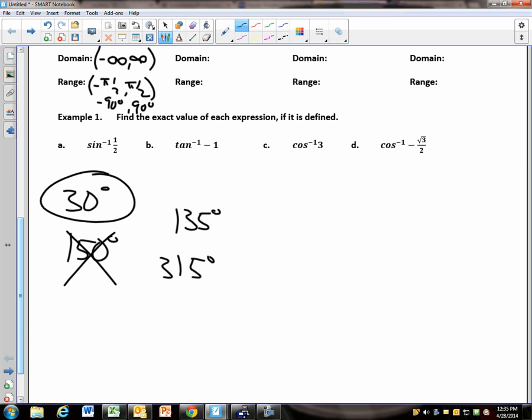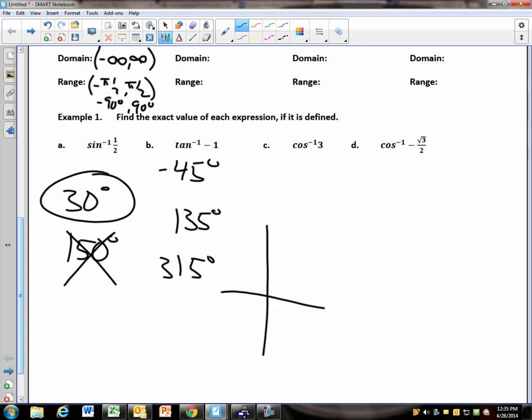Which angle is between -90 and +90 that's the same as one of these? Negative 45, very good. -45 degrees.